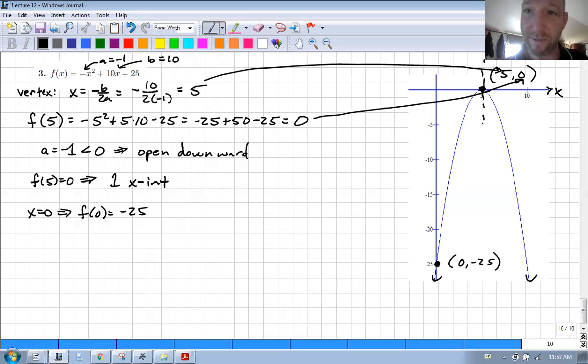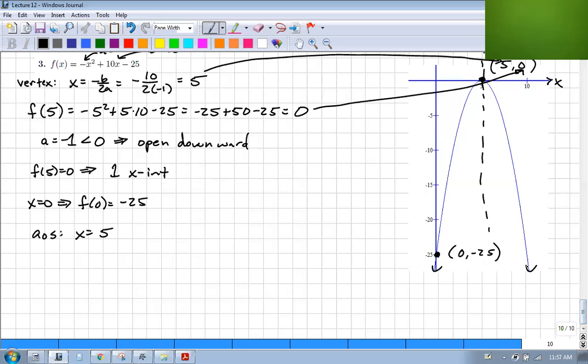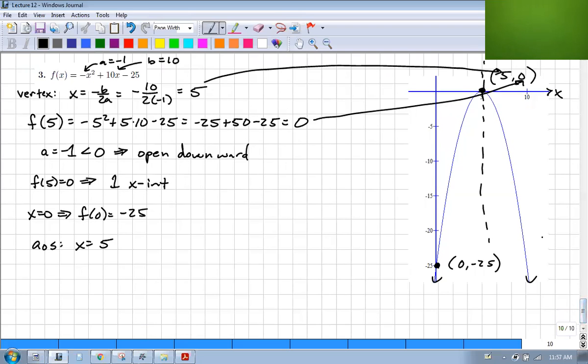Your axis of symmetry always goes through your vertex, right? Axis of symmetry is at x equals 5. Okay, any questions about this? It's a little confusing, but the more that we do it, the more it becomes clear, right?